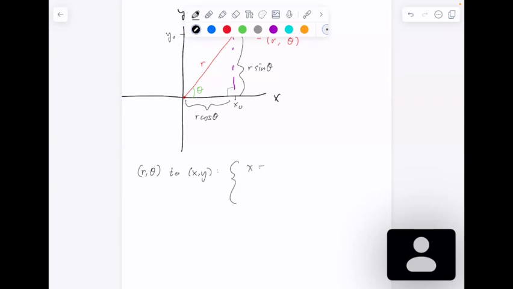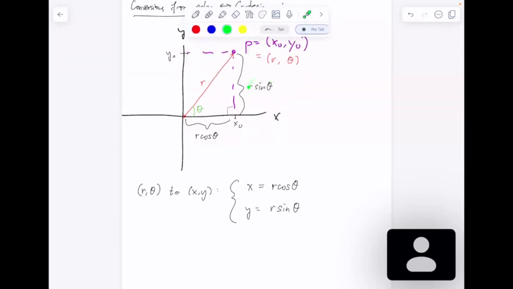Your x value is given by r times the cosine of your angle, and y is given by r times the sine of the angle. That comes from the trigonometric diagram we have here.